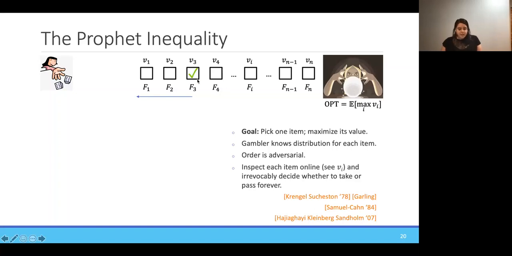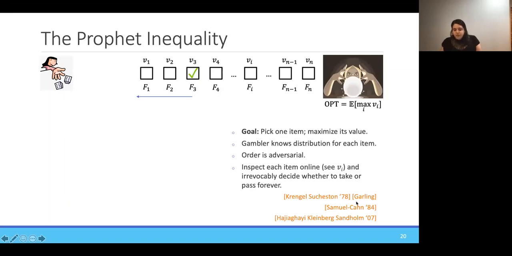The order is adversarial, and it's arriving online. And so as they arrive, you're going to inspect each item. You're going to see V1. You don't know the other Vs. Then you'll see V2. And you have to decide as they arrive whether to take it or pass forever. So you see V1, no. You see V2, no. Then you see V3 and you say, okay, I'll take it. And so your goal is to compete against this prophet, get the best approximation.